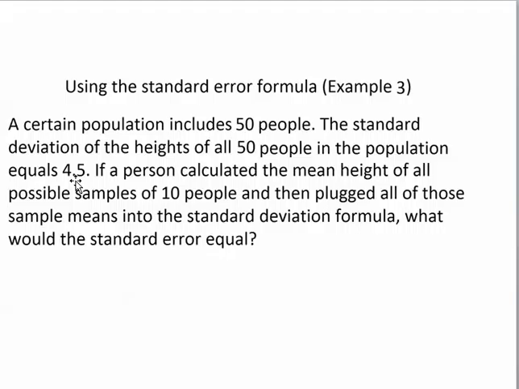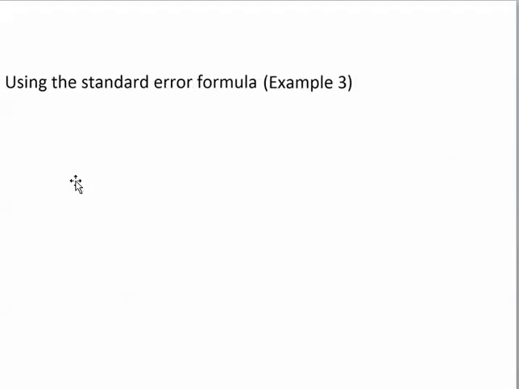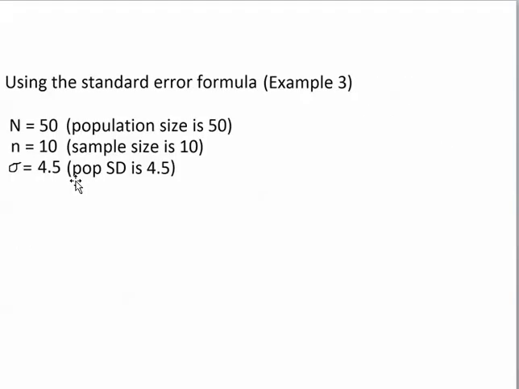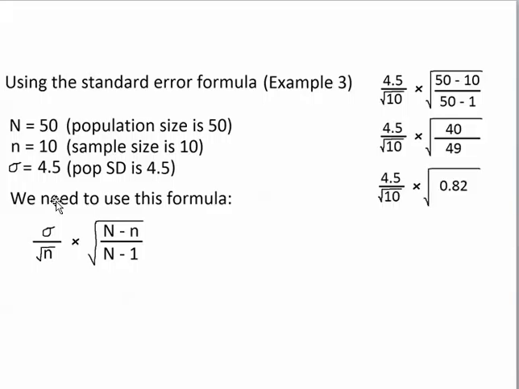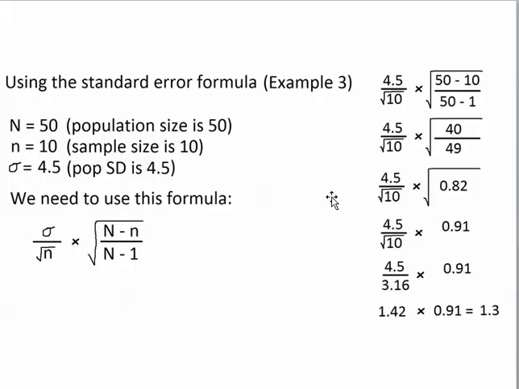What it's asking for is, if we have a population size of 50, a sample size of 10, and the population members have a standard deviation of 4.5, what's the standard error for all the possible samples of 10 that could be selected? Well, it would just be with this formula right here, doing the same thing the same way we did it before, and it comes out to 1.3.